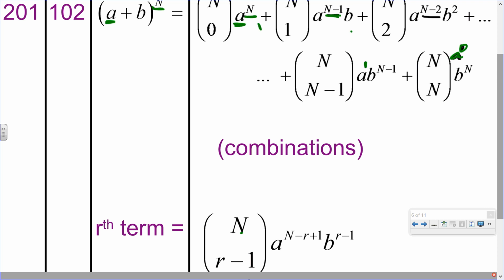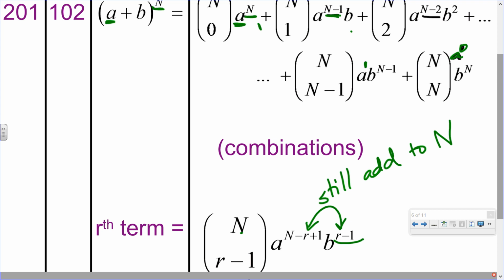The second term had 1 less than that. So we still get the exponent on the second part the same way that we did before. It is still 1 less than the term. All that this n minus r plus 1 means is that these two both still have to add to n, whatever the power is that we're raising.